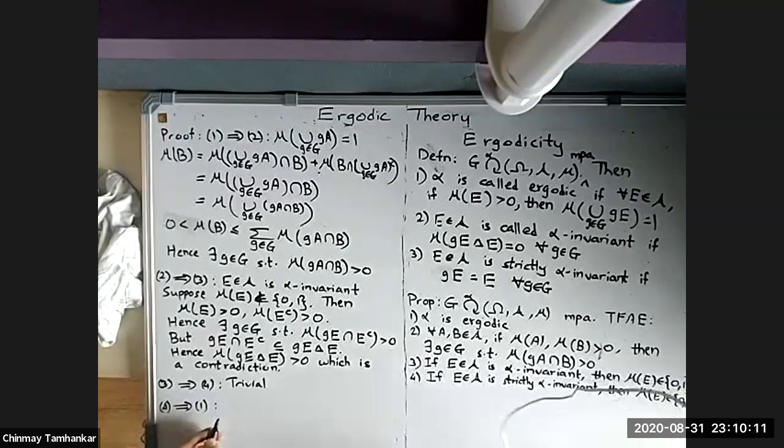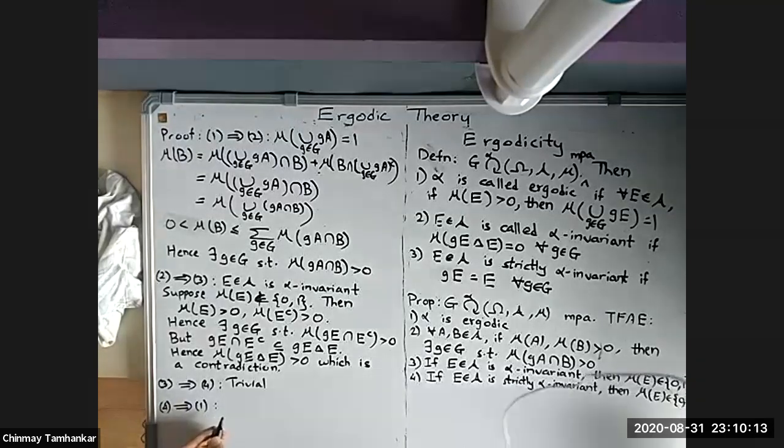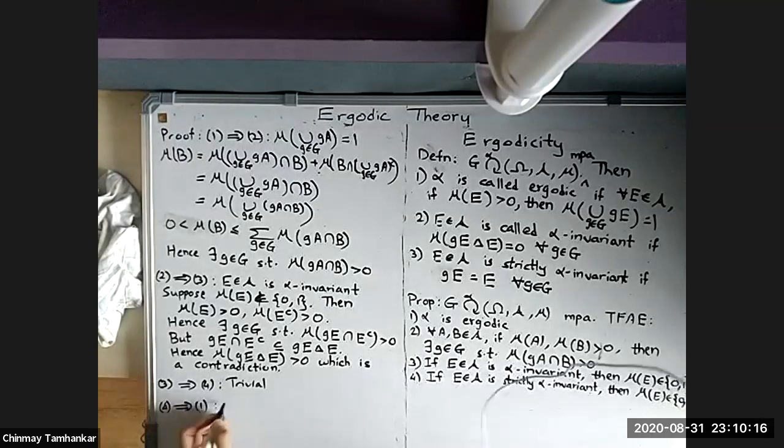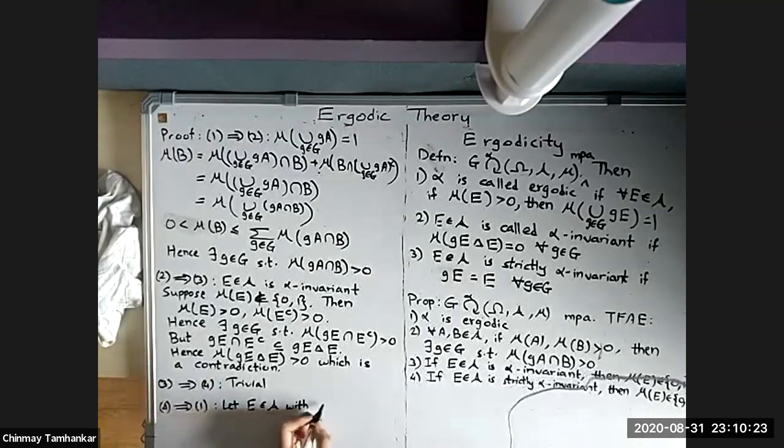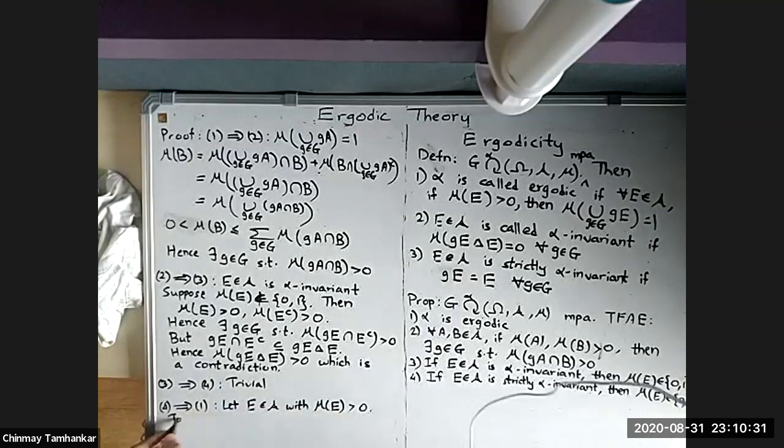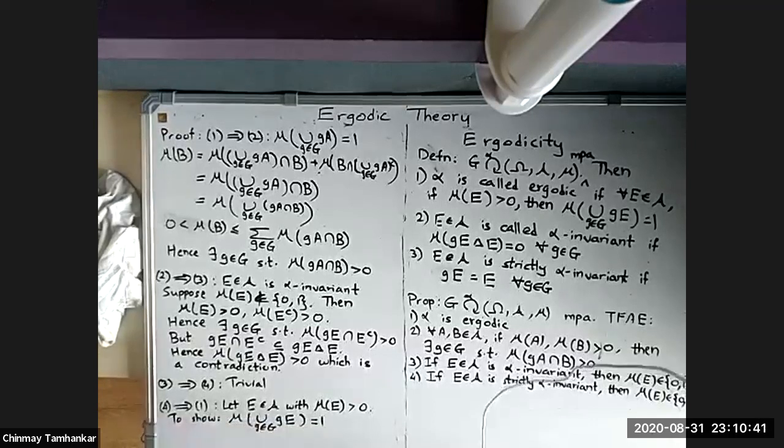So we have to show that the action is ergodic. So let E be a set of positive measure. To show ergodicity, we have to show the measure of the orbit of E, the union of gE, is 1.